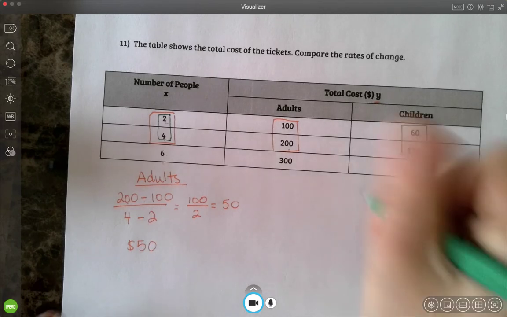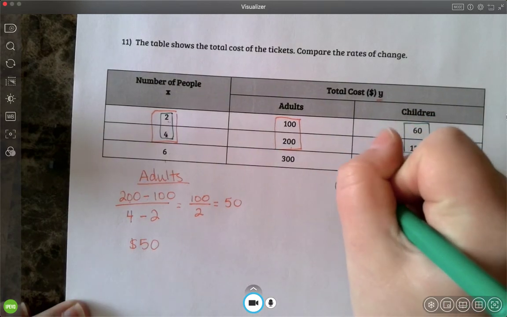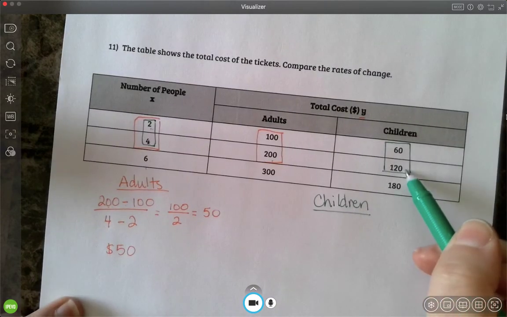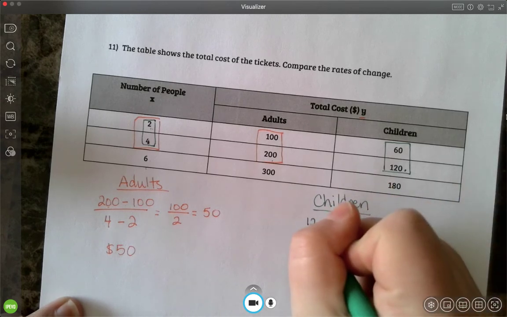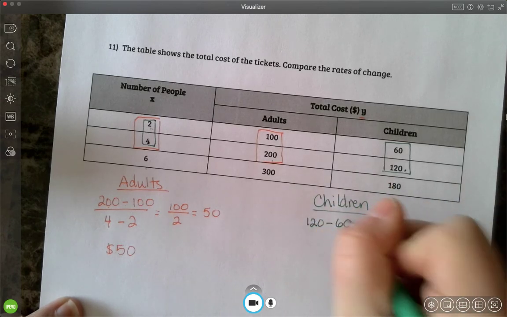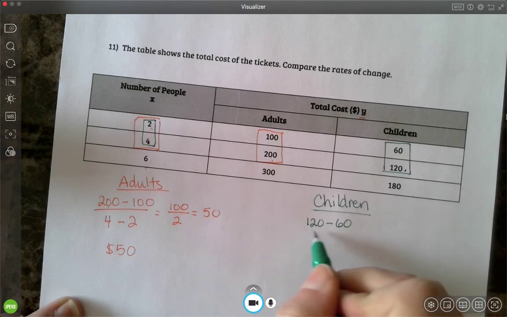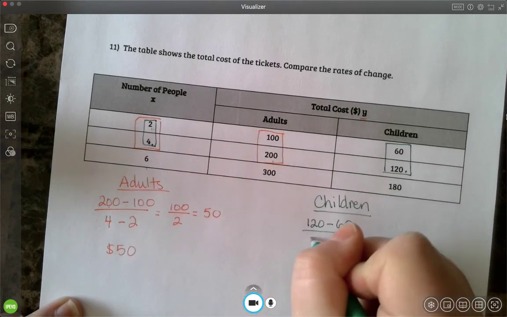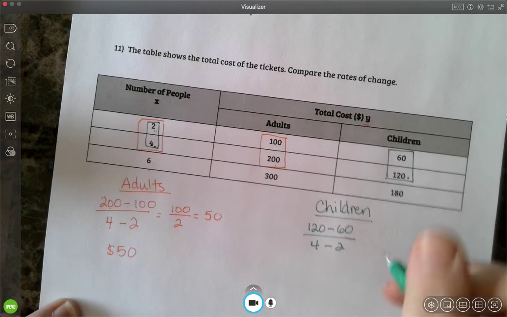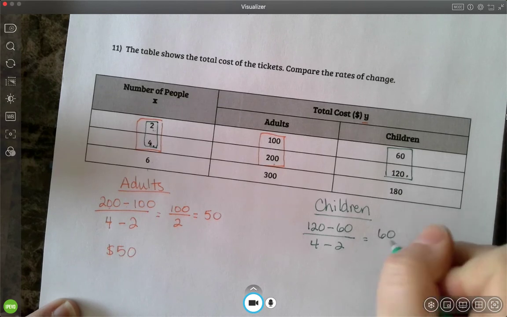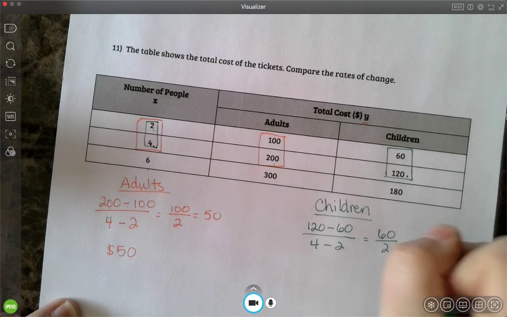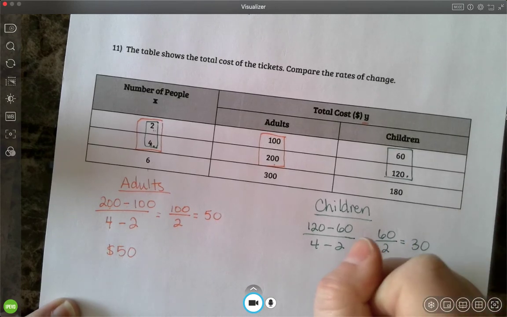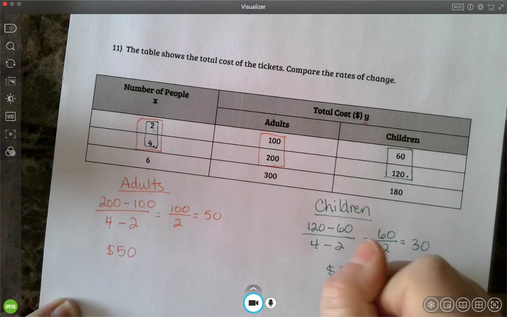So then I have children, and my first y value that I'm going to work with, I ended at 120 minus 60, the number that came before it, over 4 minus 2. So 120 minus 60 is 60. 4 minus 2 is 2. 60 divided by 2 is 30. That means children's tickets are $30 a piece.